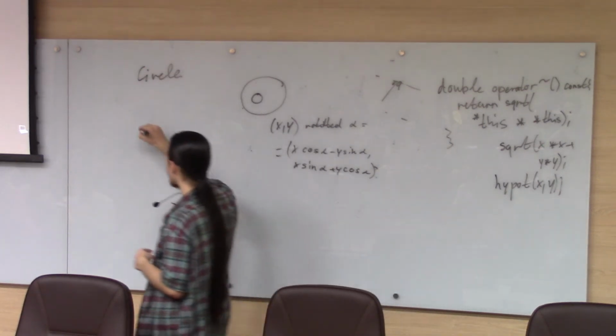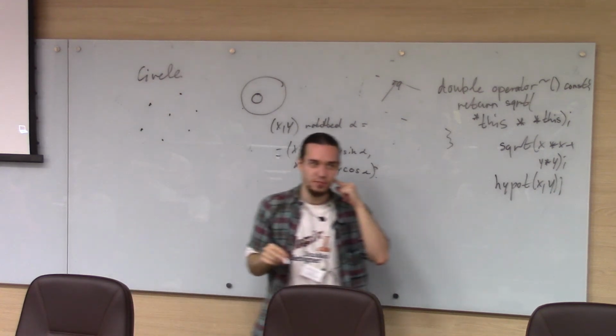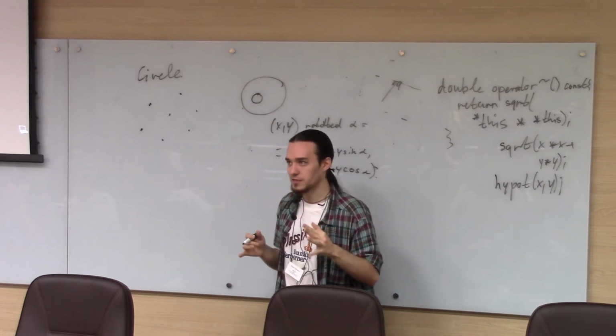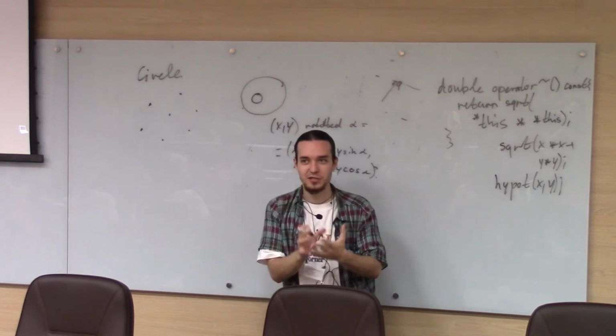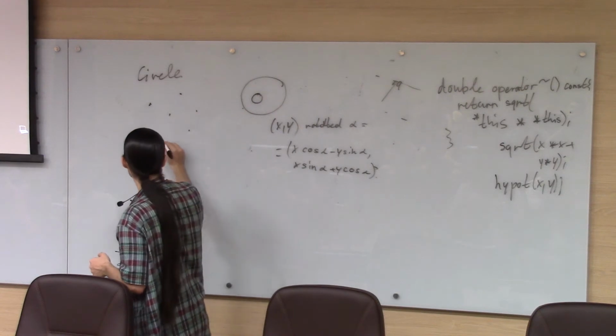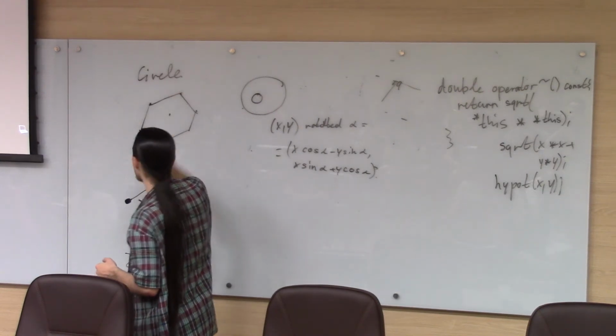So the problem is, if we have n points in the plane, we want to construct the smallest convex region that contains all the points. So something like this.